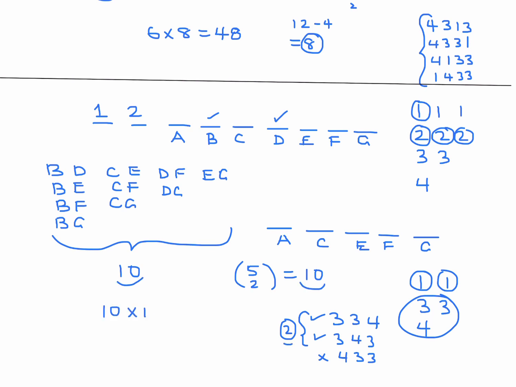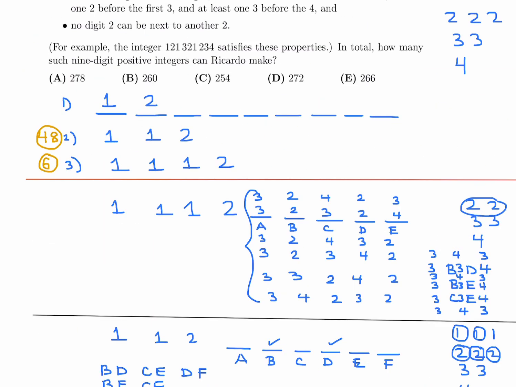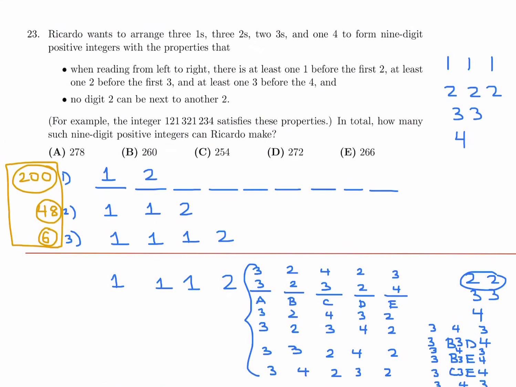I've got to multiply them. 10 times 10 times 2, and that is 200. So this final scenario is 200. So that means this is 200 here. And then now I just have to add up these 3. 200 plus 48 plus 6 is 254. And therefore, number 23, the answer is C.